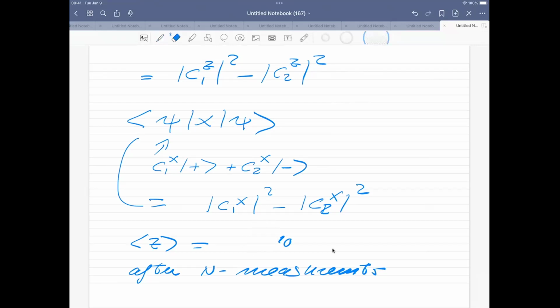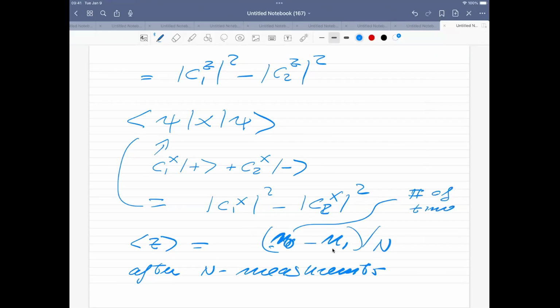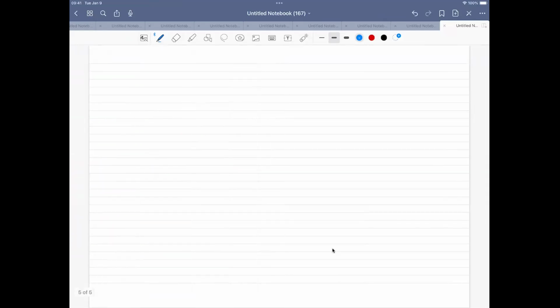Let me just wipe out this sign here. So this is n0 minus n1 divided by n, where this n0 is just the number of times we hit C1Z, and this one is just the number of times we hit the C2 of Z. Then we could do the same with X and Y. So it means that with X, I could now set up the following expectation value, where I simply get the number of pluses minus the number of minuses divided by n.